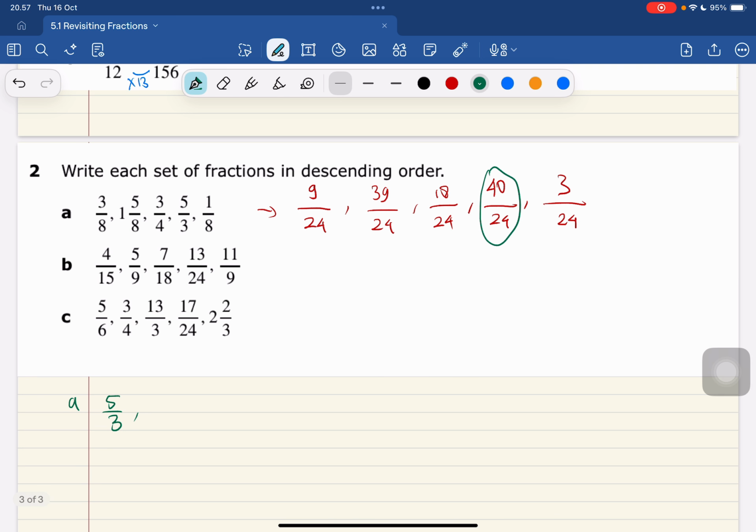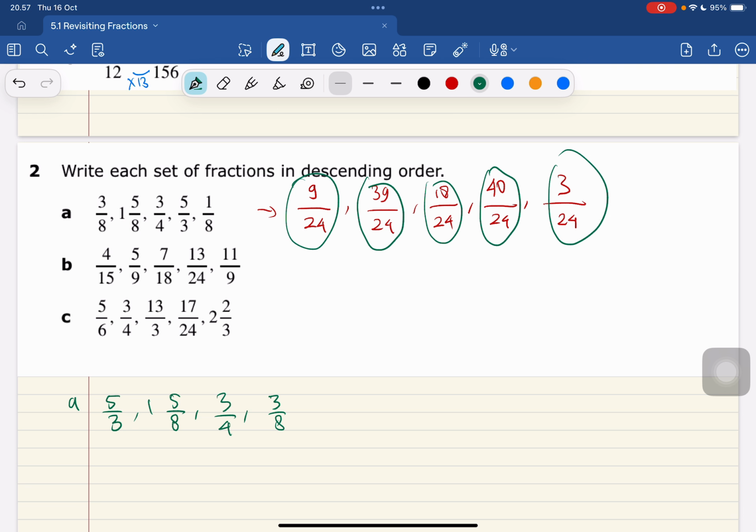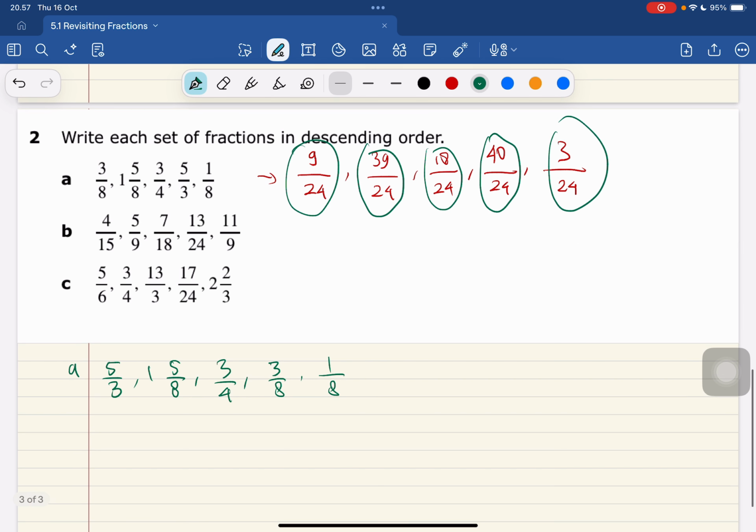And then after 40 we got 39 over 24, which is 1 5 over 8. Next, we got the 3rd, 3 over 4. After the 3rd we got the first term, which is 3 over 8. And the last, 1 over 8. So there it is, we got it.